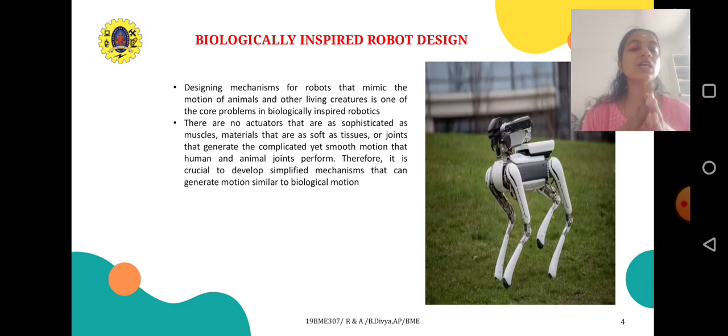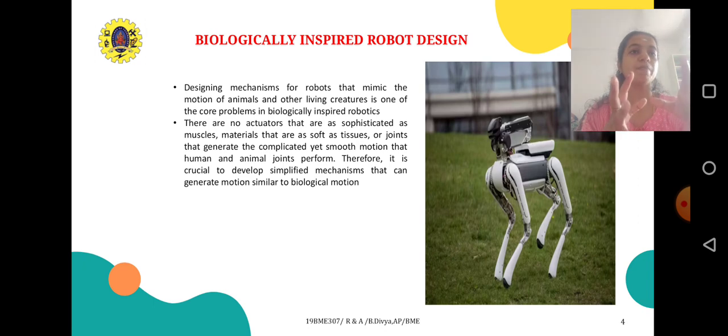Therefore, it is very crucial to develop simplified mechanisms that can generate motion similar to biological motions. We can see in this diagram how we have four legs.